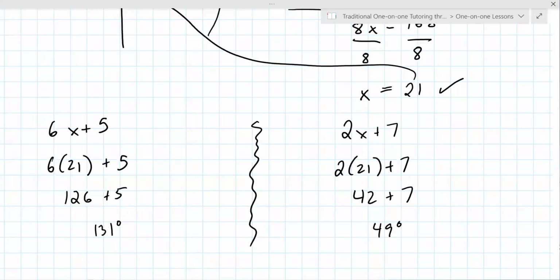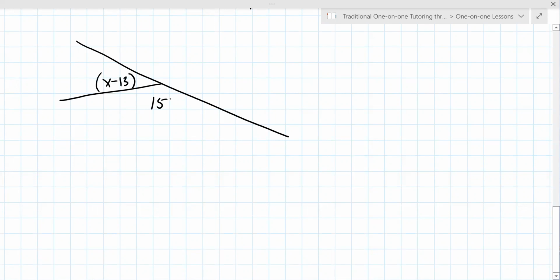So all of this started with a linear pair. All right. So let's look at another problem here. Okay. So is this a linear pair?